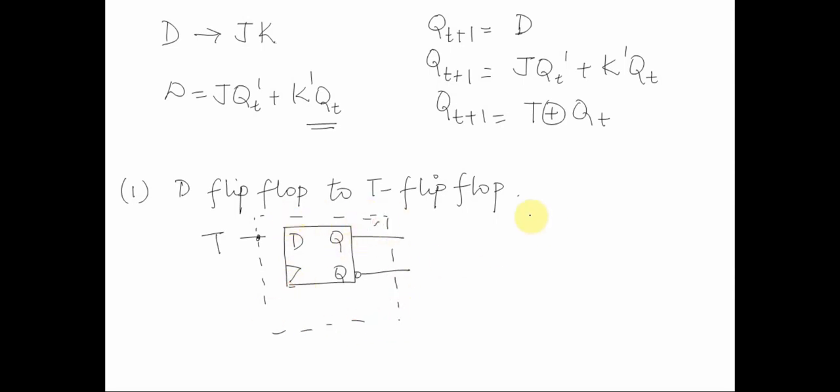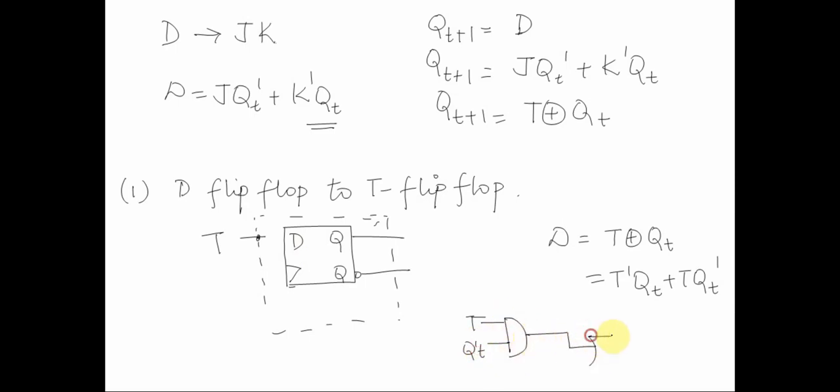In this case, we can simply compare the characteristic equations and say D has to be equal to T XOR Q(t), which is nothing but T' Q(t) + T Q'(t). Therefore, the input D could be supplied as T AND not of Q(t), and we OR it with the second term, which is again an AND of two functions, T bar and Q(t).